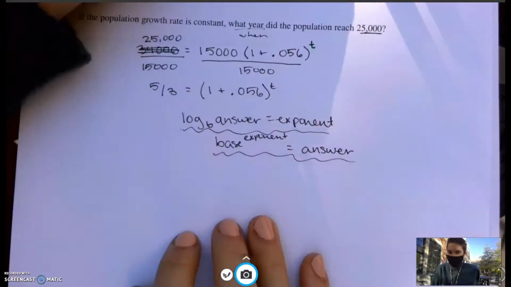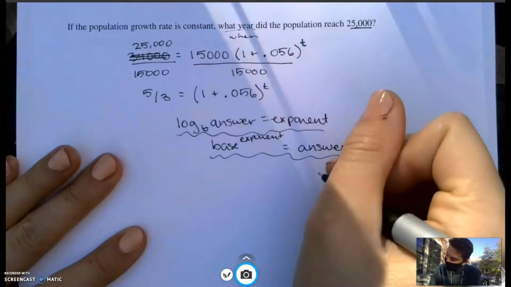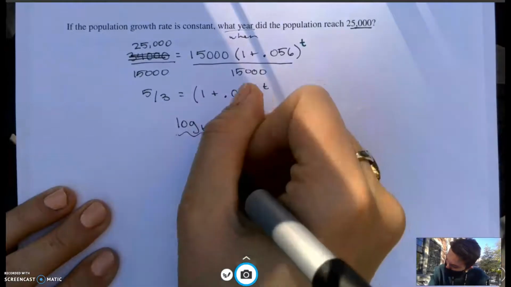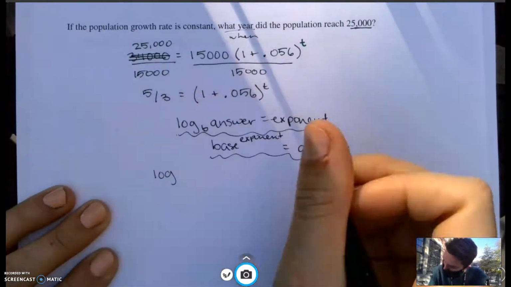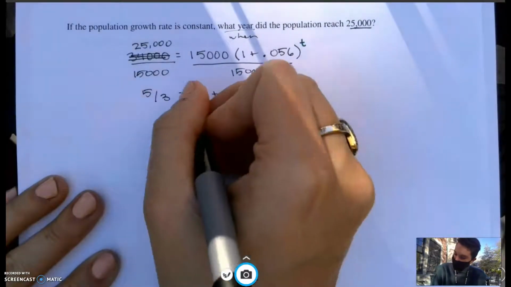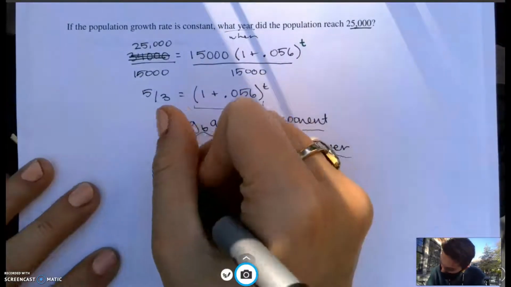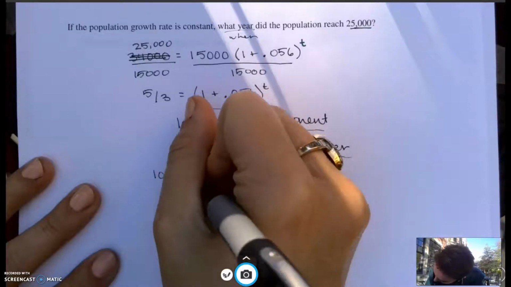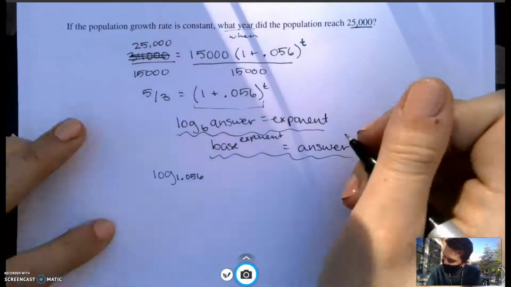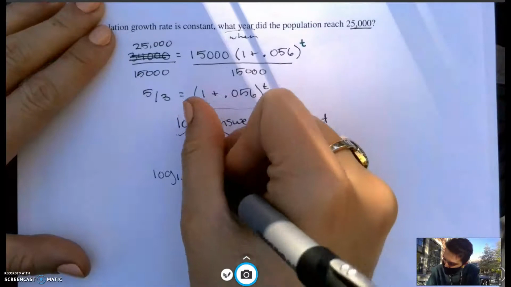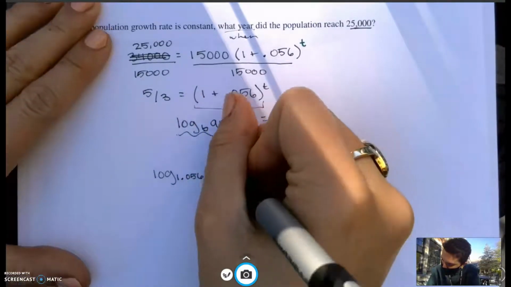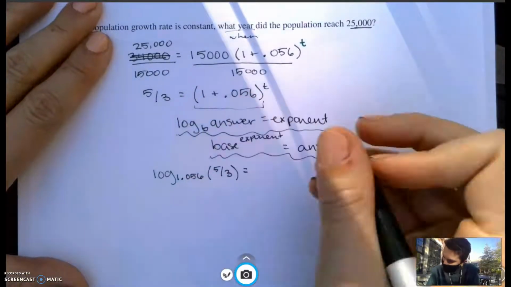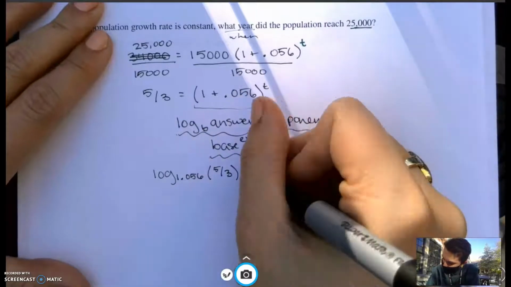So when we rewrite this, we're going to have log of our base. Remember we said our base is this little guy here. So log base 1.056 of our answer, our answer we said is 5/3, equals our exponent t.